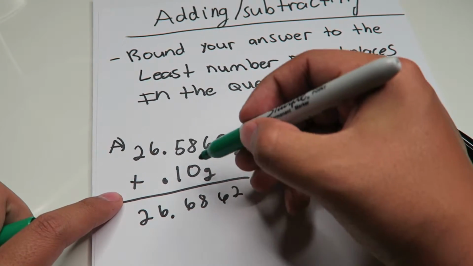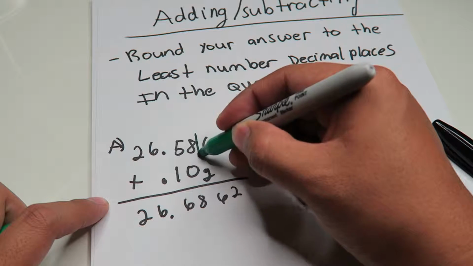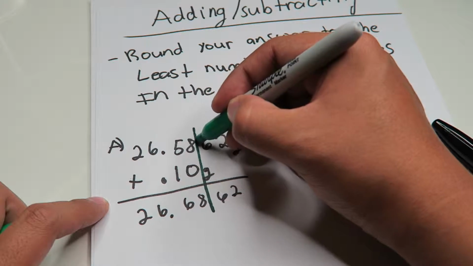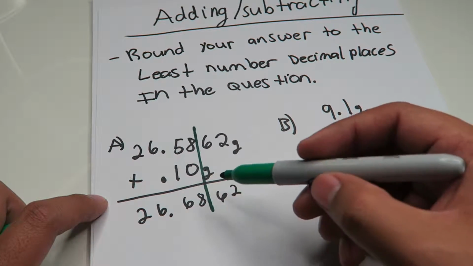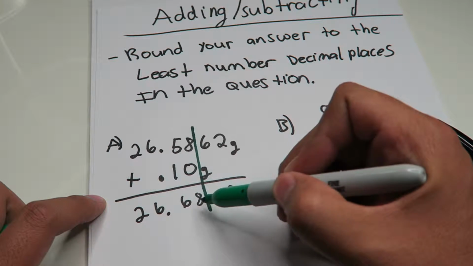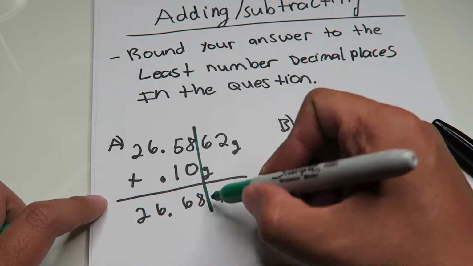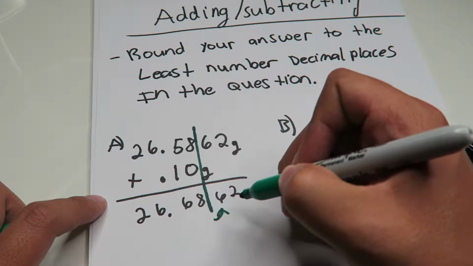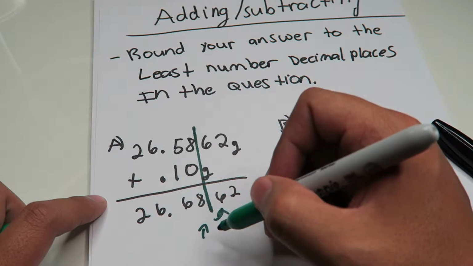I like to draw a line on the last place value, and that's going to determine how many sig figs there are. So anything before this green line is going to determine how many sig figs you have. The number after the green line is just going to tell you whether to round the 8 up or down.